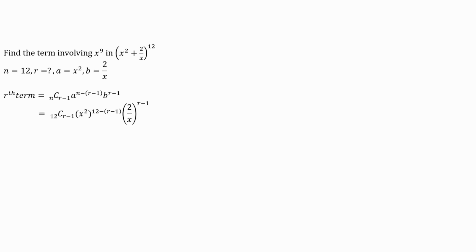And then simplify natin, hiniwalay ko yung coefficient, yung mga numerical factors na yung 2 raised to r minus 1, tapos yung 12C r minus 1, tsaka yung may variable tayo na x squared raised to 13 minus r. And then x raised to negative 1, so inangat ko lang, and then raised to r minus 1. So simplify pa natin.